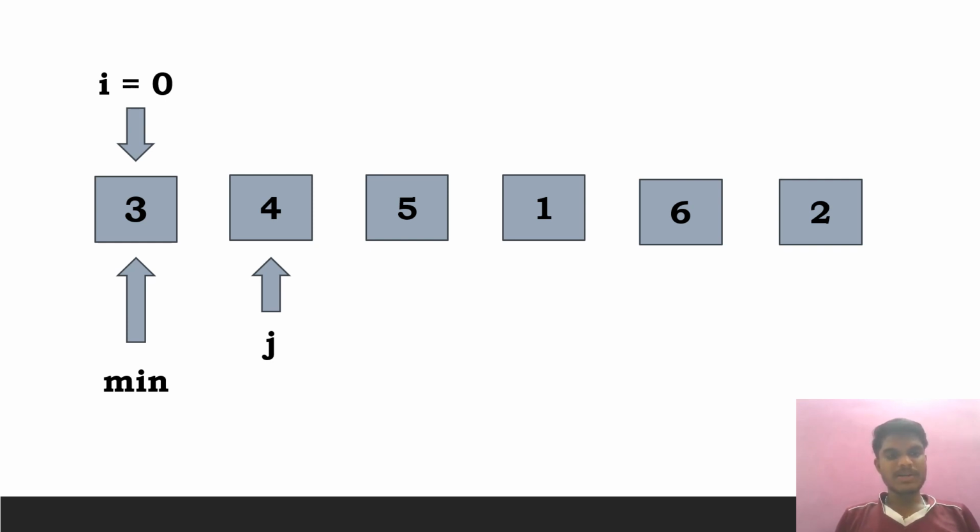In the above example, the minimum value is 3 and j is i plus 1, that is 4.